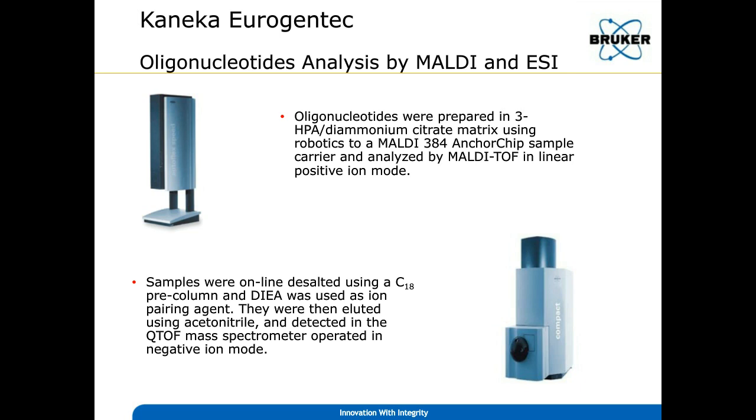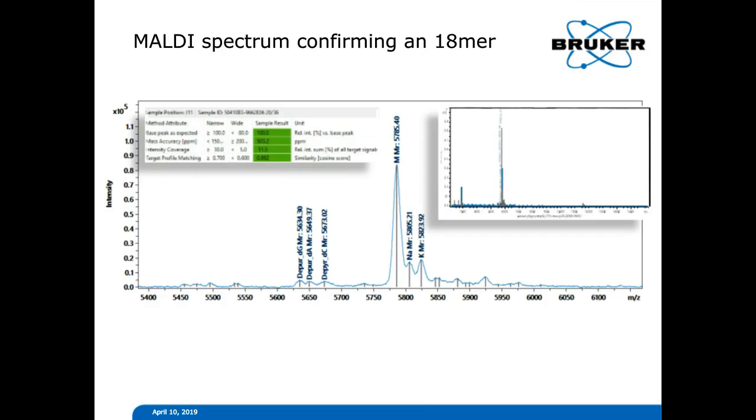This slide shows an example of a small spectrum confirming an 18-mer. Here you can see the molecular mass at about 5,000 Daltons and not too many modifications. All of the criteria have a green color coding, meaning that the sample passed the QC criteria set by the user.